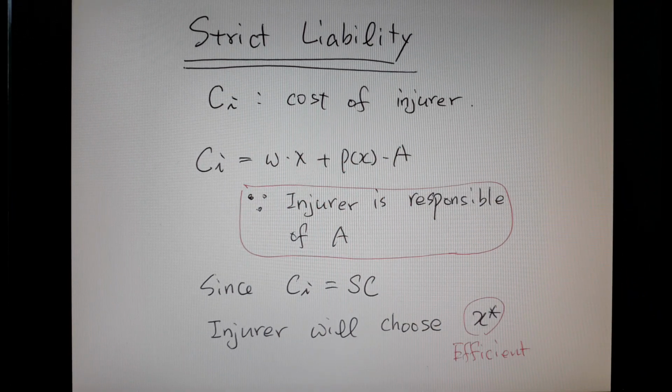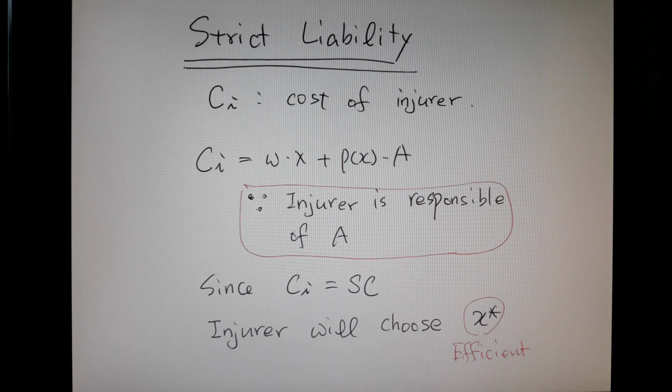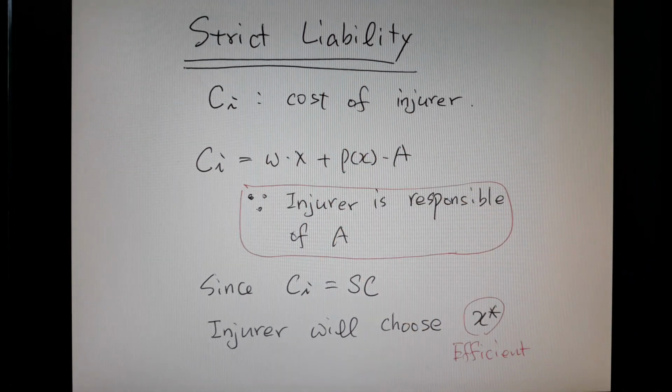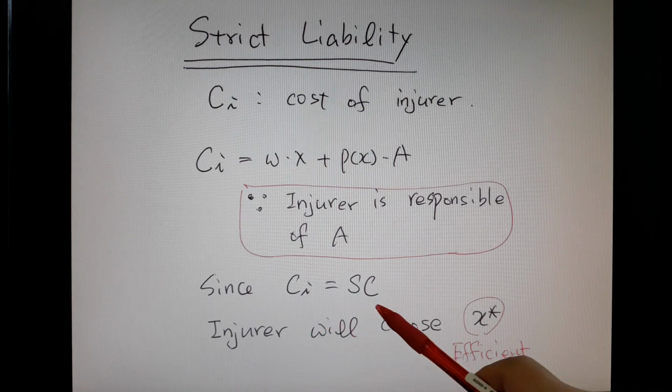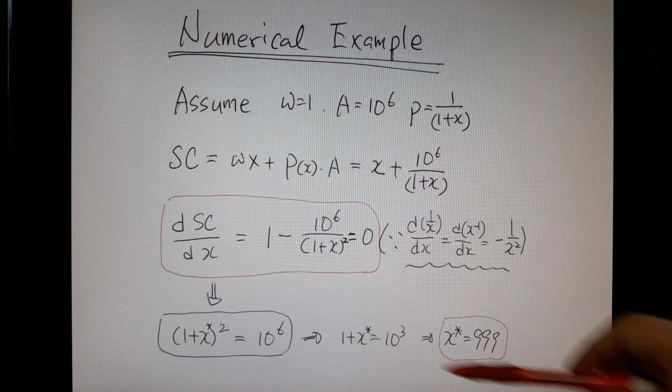The cost of being careful is the individual's; you cannot ask others to bear that. What about the expected cost from the accident? The judge said, under strict liability, it's your responsibility, injurer. So these are the costs of the injurer. Because CI is the same as the social cost, the injurer will calculate exactly the same as what we did.